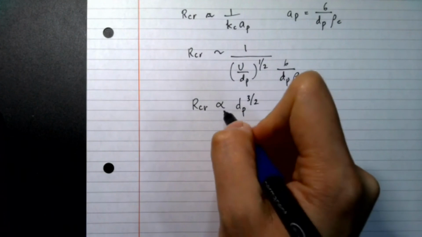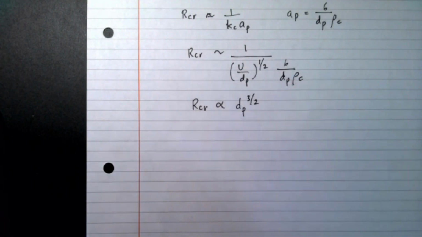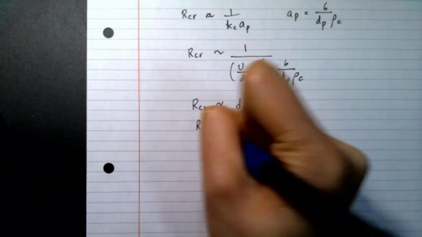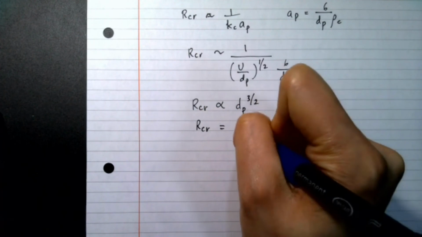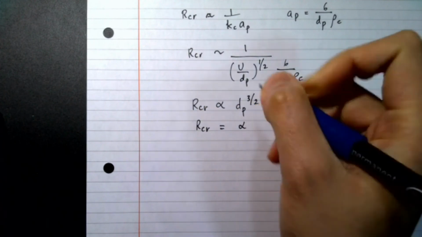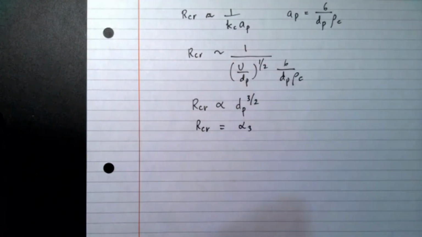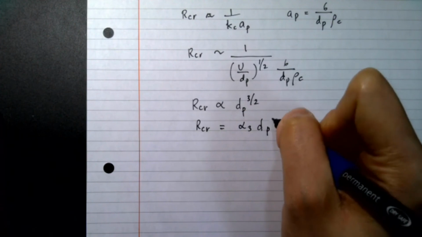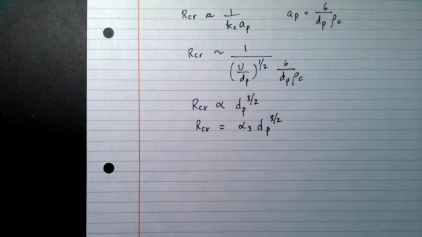If we convert this proportionality sign to an equal sign, then RCR is equal to some constant alpha 3 times dp raised to 3 over 2.